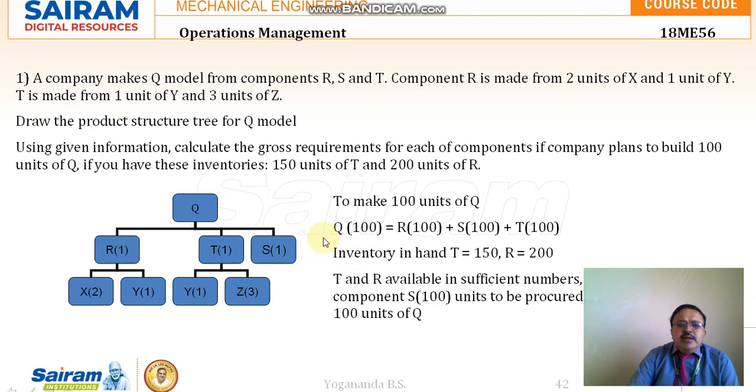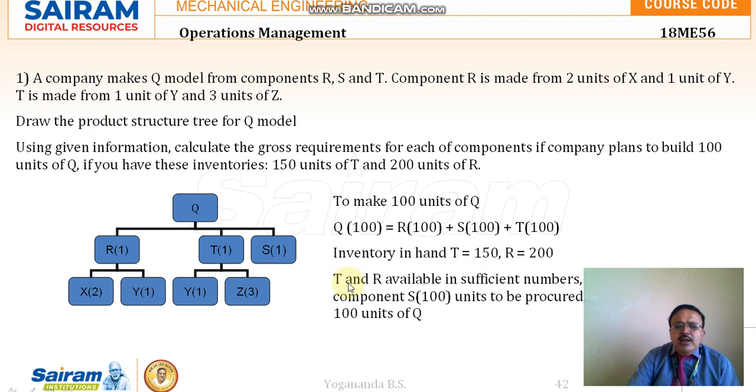It is said that inventory in hand is T 150 units, R 200 units. We have the requirement R 100, but already in hand we have R equal to 200. So R is available in sufficient number. Similarly, T required is 100, but already in hand 150.